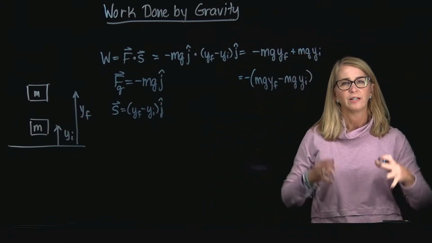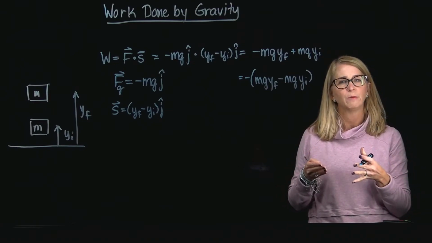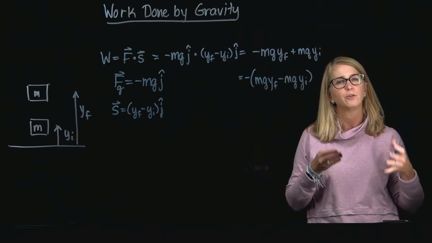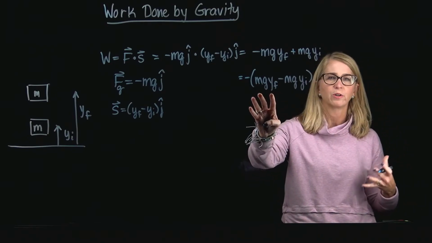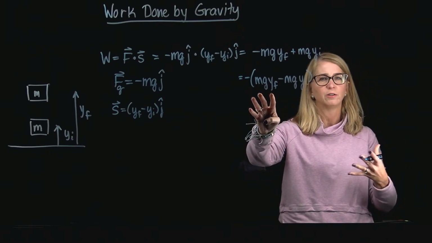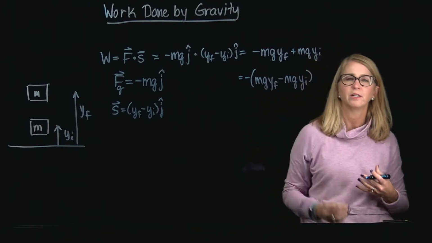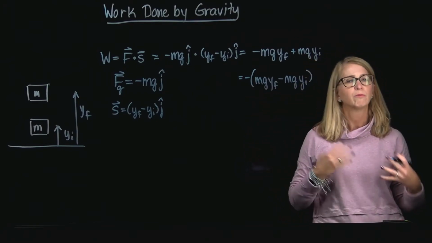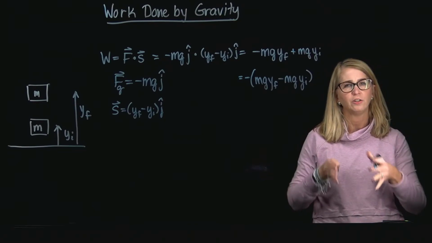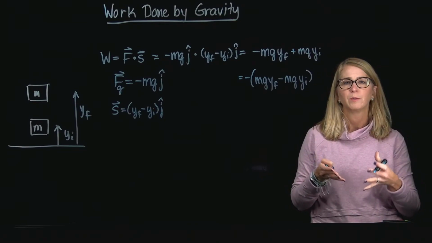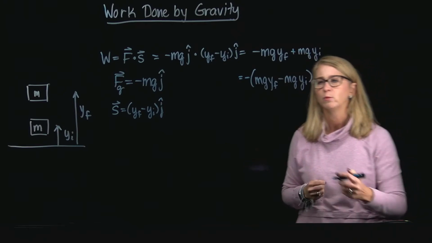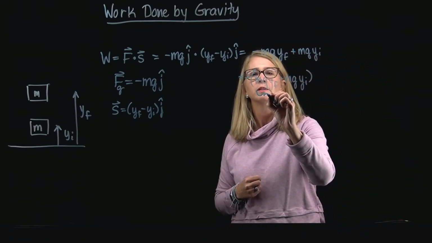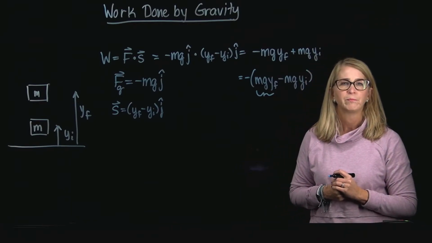then I actually get two terms that look really similar, but they're evaluated at two different locations. So this becomes sort of my final expression, and this is my initial expression. And so it really looks like I'm finding the change of something between the final and the initial, where that something would be the mgy.